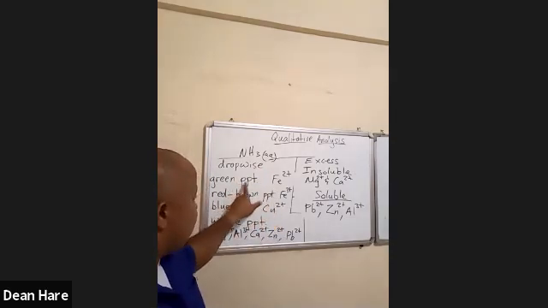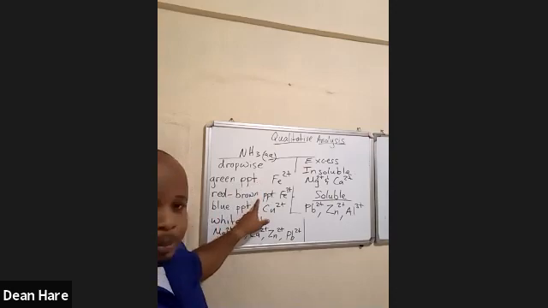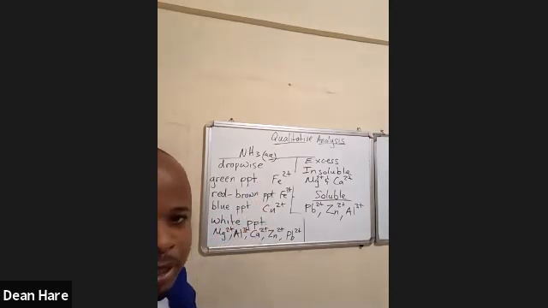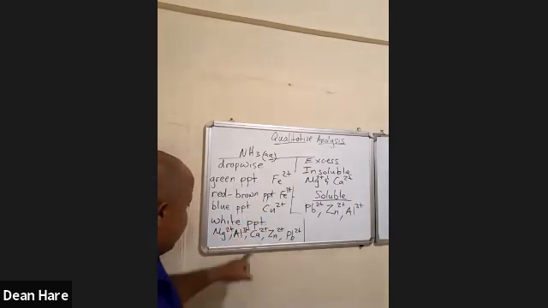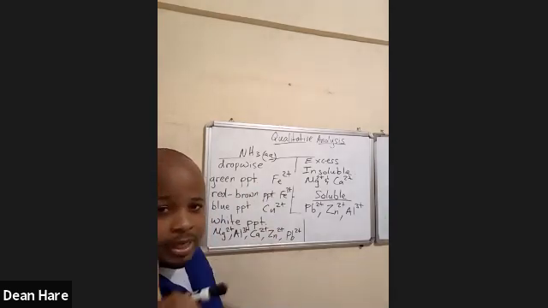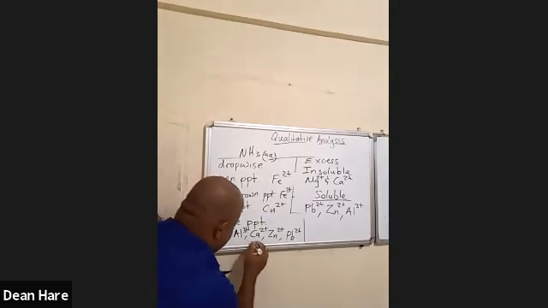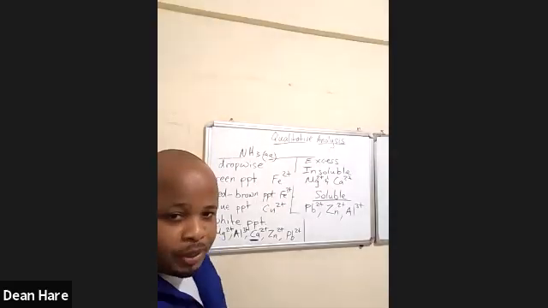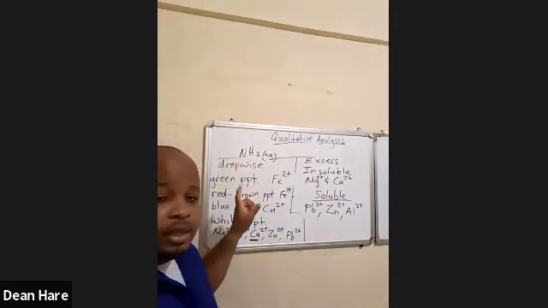So you will get your green precipitate, red-brown precipitate, and your blue precipitate. The other ions will all give a white precipitate except for calcium. Calcium will not give a white precipitate with ammonia.